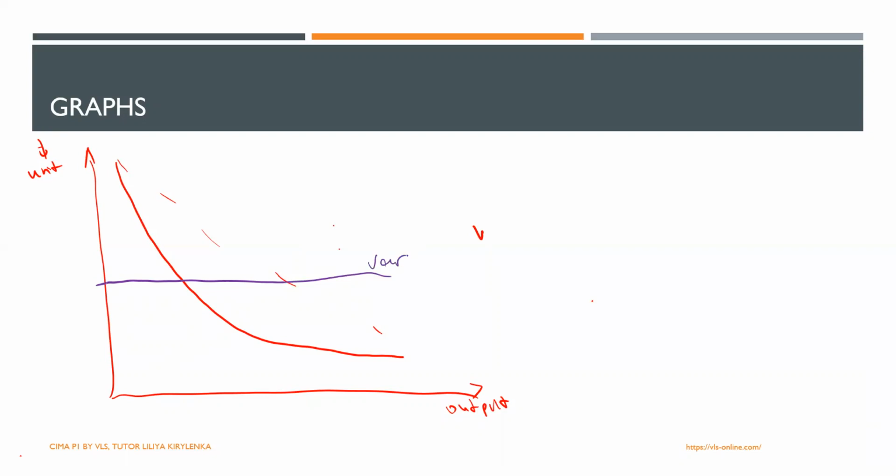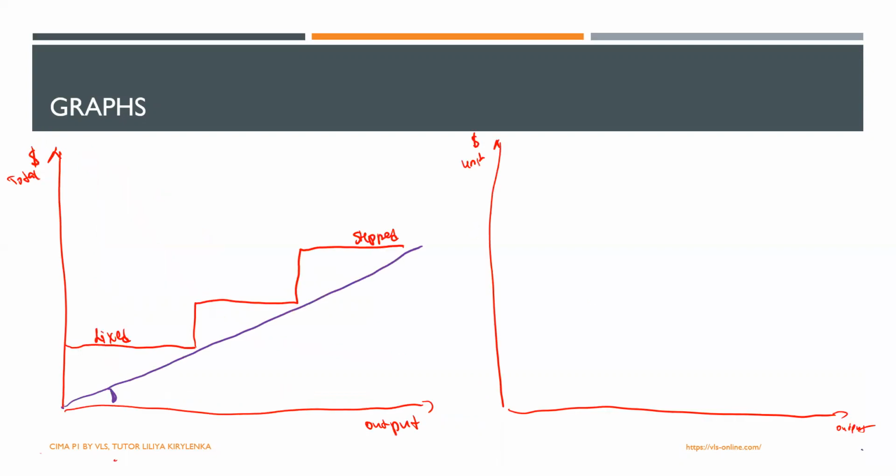Now, what is going to happen if our cost is not variable, but semi-variable? If the cost is semi-variable, then this means that we start not from 0, but from some other point. Why? Well, because we have to light up the factory no matter what. So let me take this blue ink and write it here. So this is semi-variable cost.